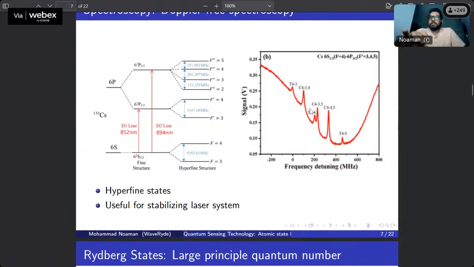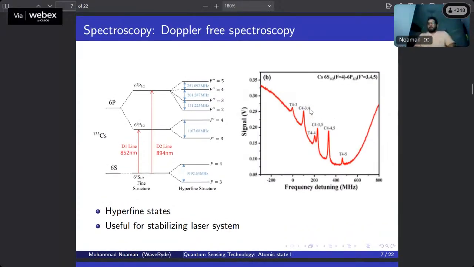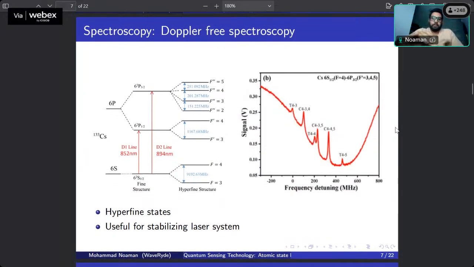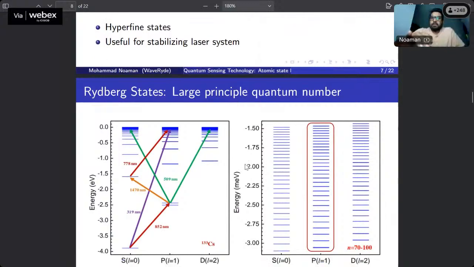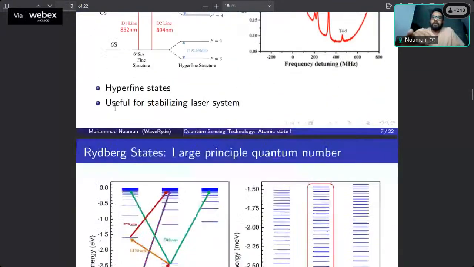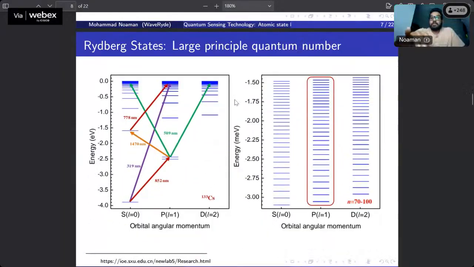So that's the general idea, and you can make vapor cell based detection. This is not yet detection, this is still the basics of it, but you can make it useful for the next part of the experiment. Right now, as we saw, there are 6s and 6p, but then we have n number of states.